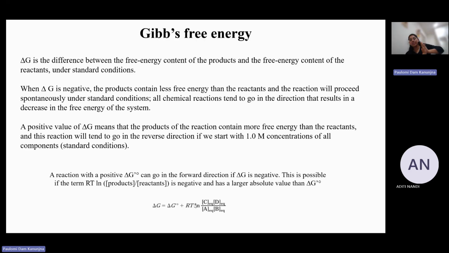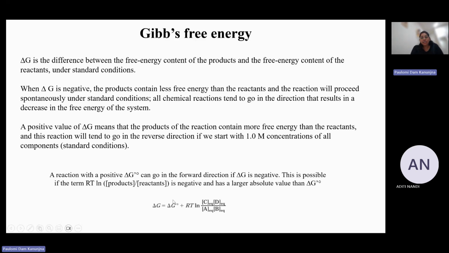But what happens is, if you have a reaction with positive delta G naught, that can also go in the forward direction if your delta G is negative, right? Now, what can happen here? So let's look into this equation once again. So you have this delta G and this equation here, which takes into account the standard delta G naught, so the standard free energy change, plus RT and the mass action ratio.